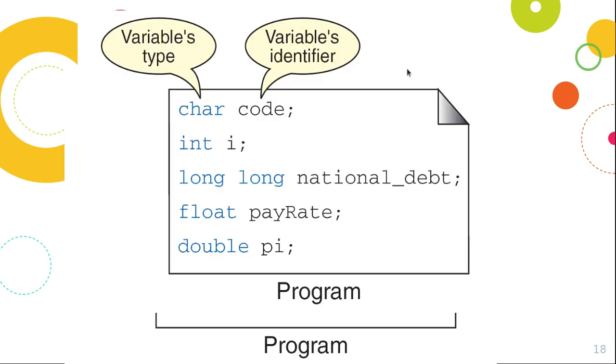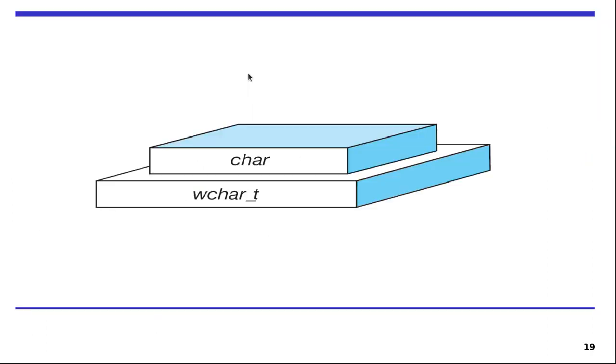So if you can see here, char is the type and code is the variable identifier. Code is a variable of type character and it's also an identifier. We are identifying the character with code. So we can say that code is an identifier, but when we give some value to it, it becomes a variable because its value can be changed.